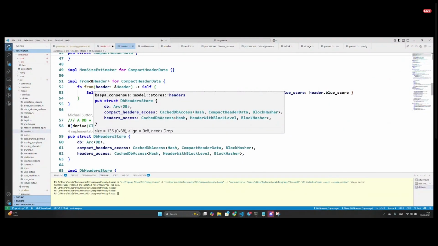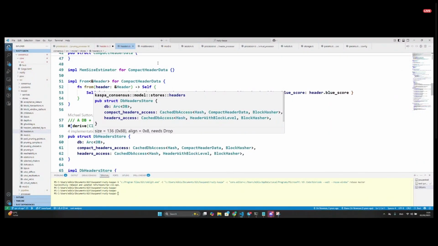So either you have a DB upgrade procedure running on startup, where you iterate all headers and save them in the new format, and then just have this store normally. The other option is to somehow manage two stores.